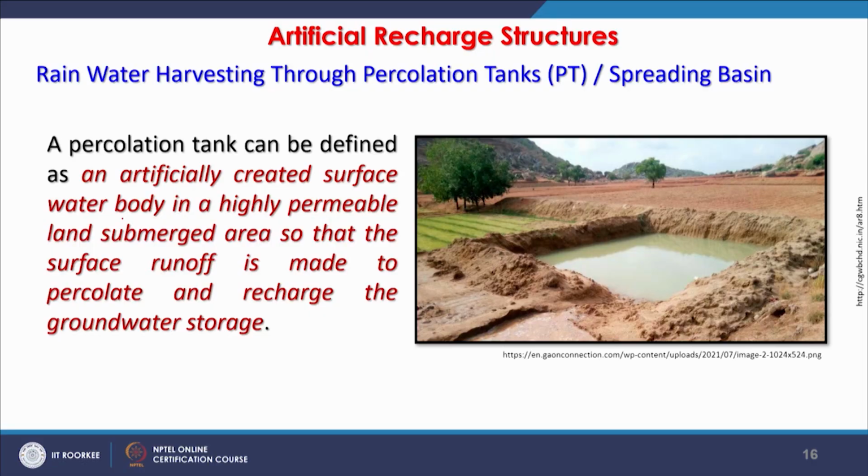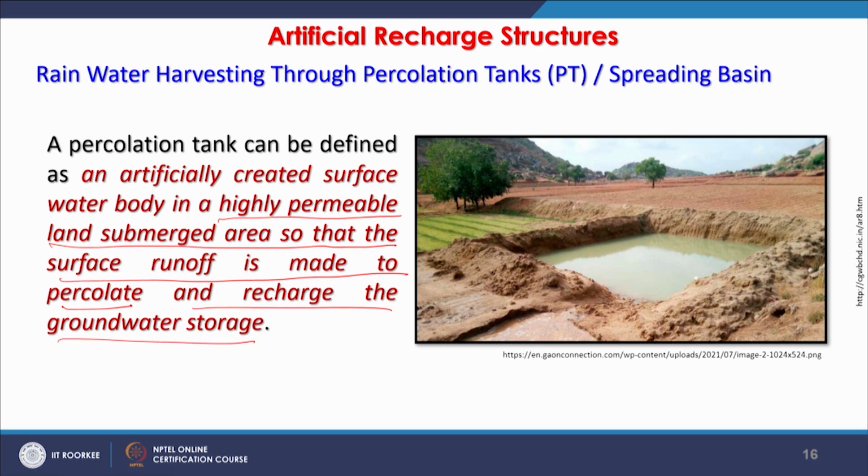So, percolation tanks can be defined as artificially created surface water bodies in a highly permeable submerged land area, so that the surface runoff is made to percolate and recharge the groundwater storage.